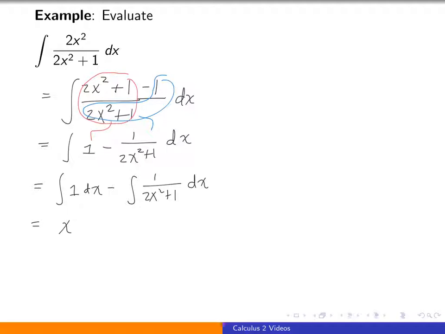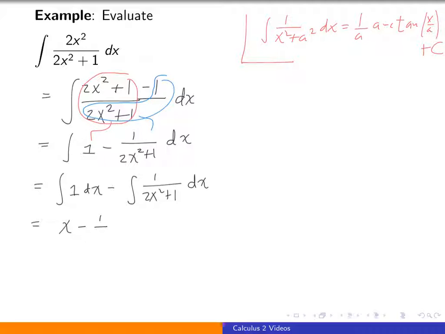For the second, what I would like to do is compare it with one of the formulas that we saw earlier. The formula I would like to compare this to is the antiderivative of 1 over x squared plus a squared, which is equal to 1 over a arctangent of x over a, plus c. Now it's not quite in the desired form. We want x squared plus a squared. So I'm going to pull a 2 out of the bottom.